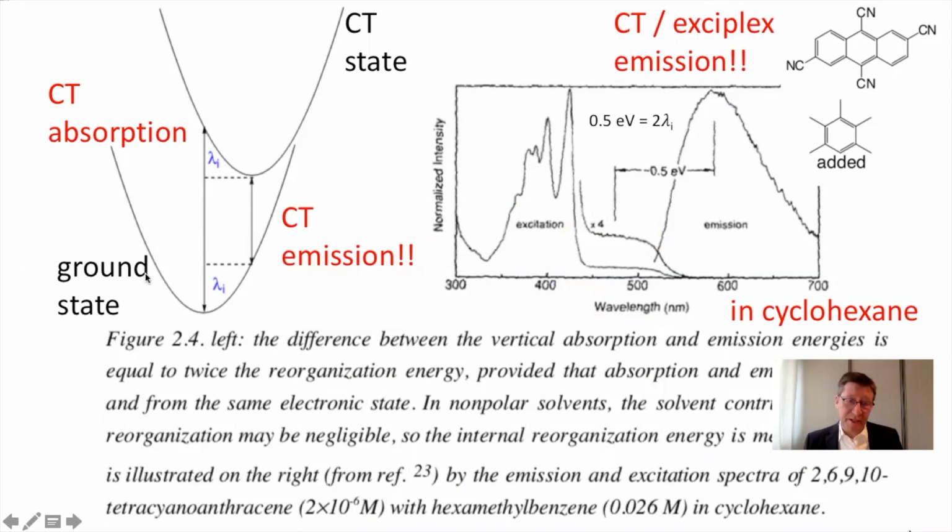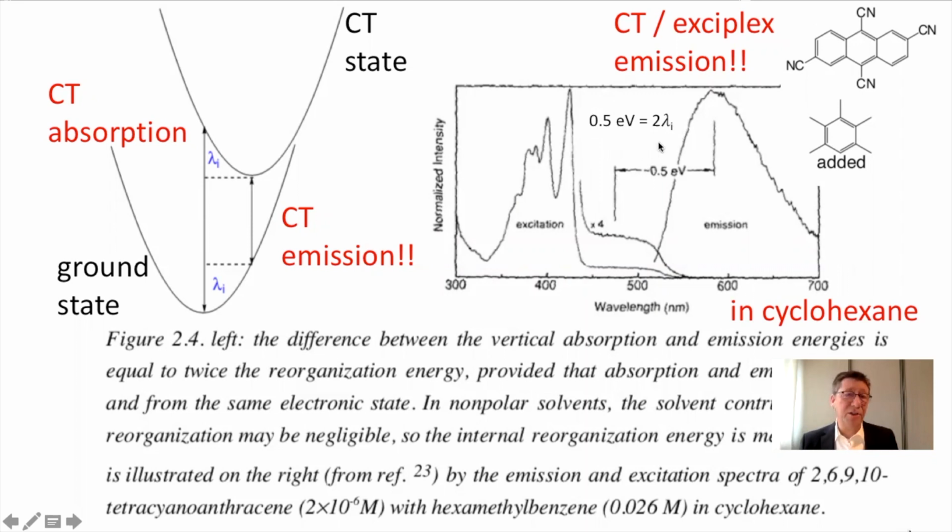If you represent these states with potential energy curves, then this is the ground state, this is the charge transfer state. Now the energy difference between the charge transfer absorption and the charge transfer emission is actually related to the energetics. It is the internal reorganization energy. The maximum of this band, which is estimated to be here, and the maximum of the charge transfer emission, or the Exciplex emission, this energy difference, so if you convert the energy difference from wavelength to electron volts, then this is 2 times the internal reorganization energy.